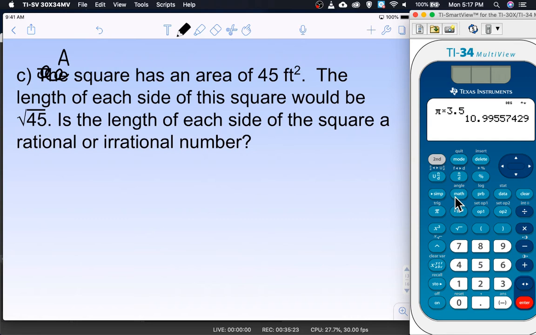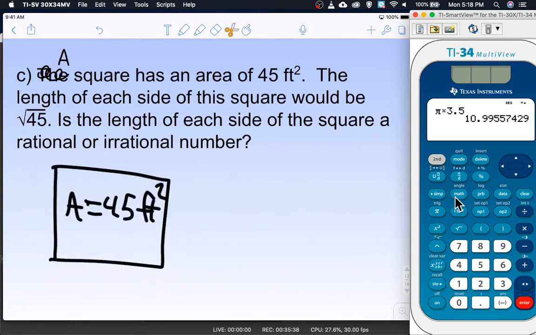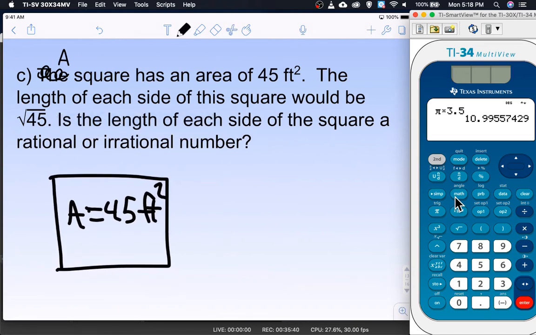A square has an area of 45 feet squared. All right, so here's my square. It has an area of 45 feet squared. The length of each side of that square would be the square root of 45. That's how big that side is. Square root of 45, square root of 45.